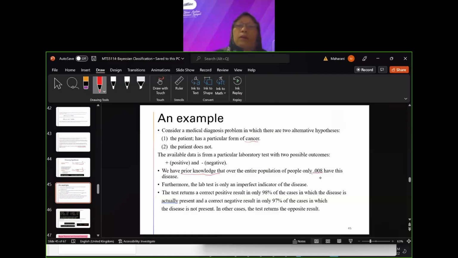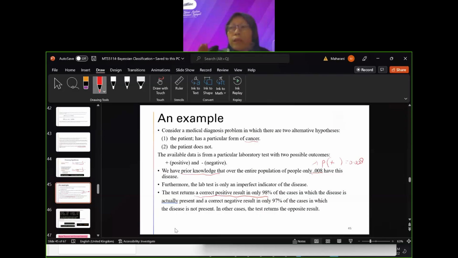So P of people getting cancer, positive, equals 0.008. And another fact: the lab test is only an imperfect indicator of the disease. The test returns a correct positive result in only 98% of the cases in which the disease is actually present.